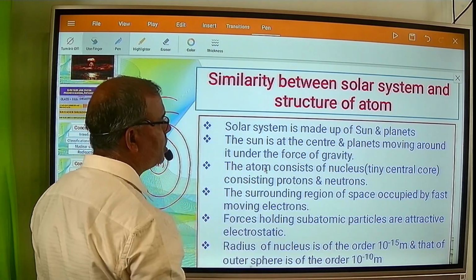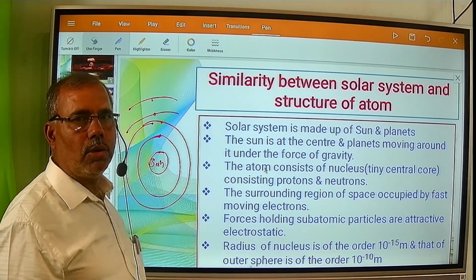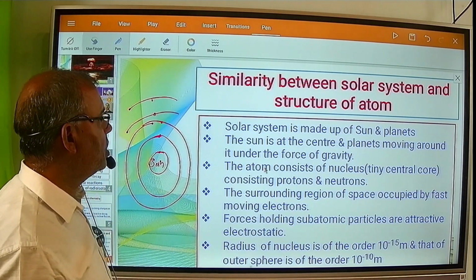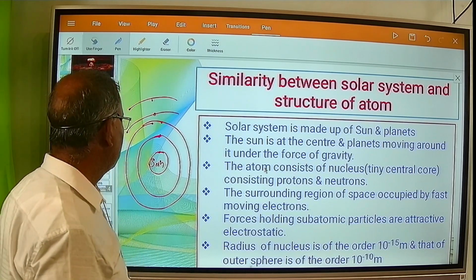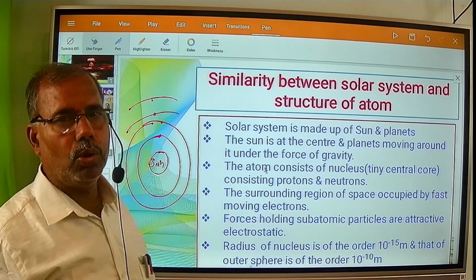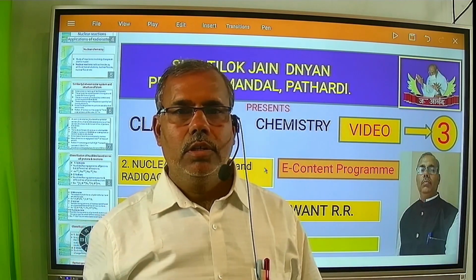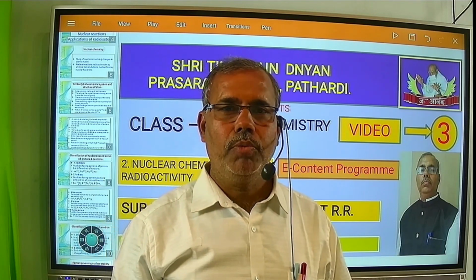The atom consists of the nucleus, a tiny central core, like the sun, consisting of protons and neutrons. So similar to the solar system, the structure of atom also resembles the solar system.